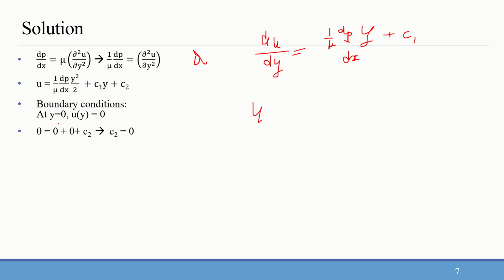This particular term becomes 0. U at y equal to 0 is 0, so LHS becomes 0. Here y also becomes 0, so it is 0. Plus C1 into y. Again y is 0, so this second term also becomes 0. Plus C2. So we are getting C2 as 0. What is the second boundary condition?